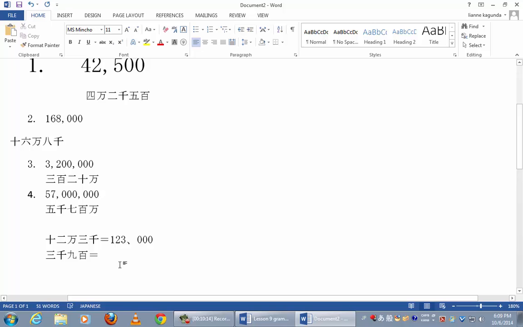So san, zen is 3,000. Oh, and what did I leave out? San, zen, kyu, hyaku, what? Man, yeah. That's important, right? It's a big difference in price. One's a dollhouse, one's a house that people can live in, right? Okay, so sanzen kyu hyakuman.